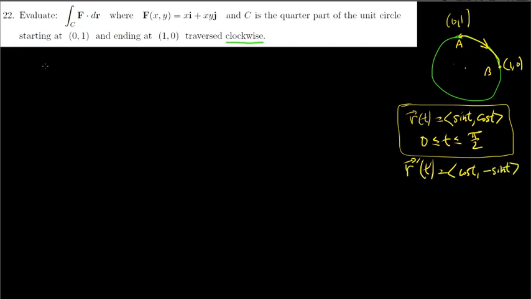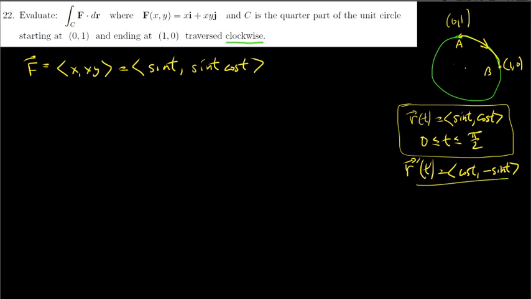All right, so now we can do the line integral. We're going to do the vector field f is just x, y. In terms of t, that's just going to be sine of t, and then sine times cosine. And we already know what dr is. It's cosine, negative sine.